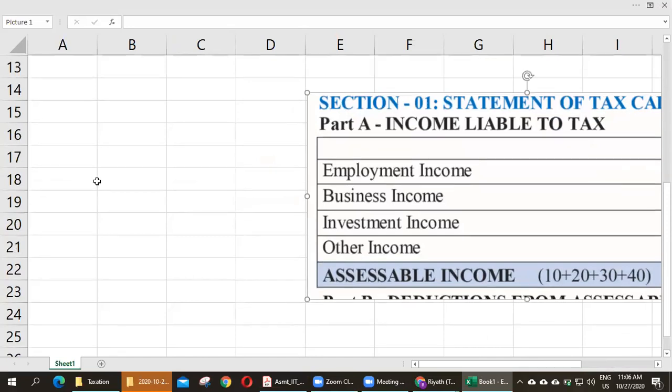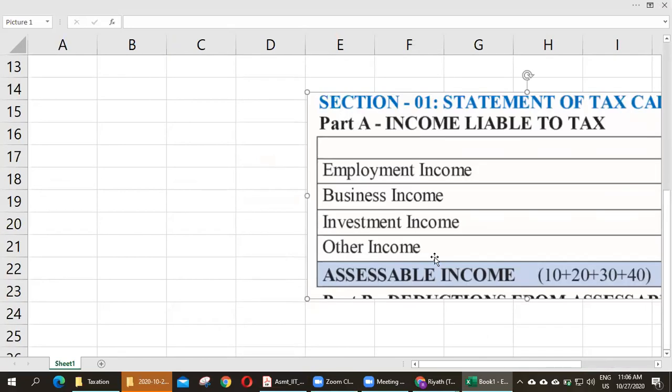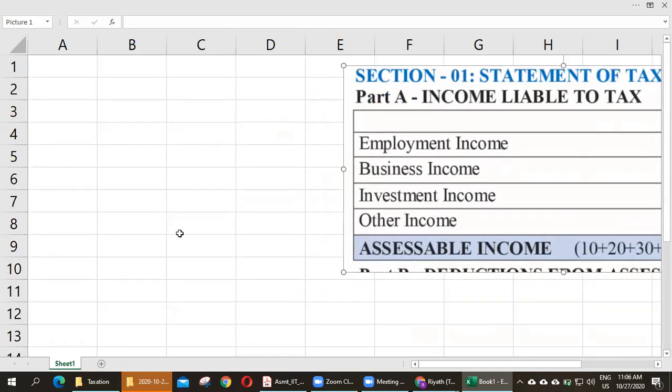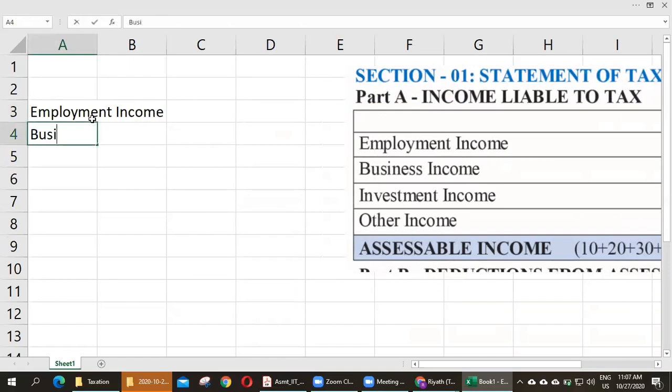First, employment income, business income, investment income, other income.